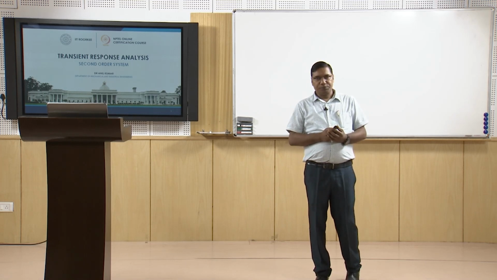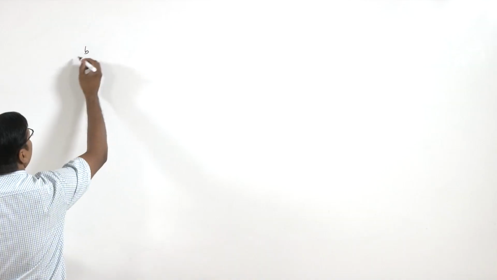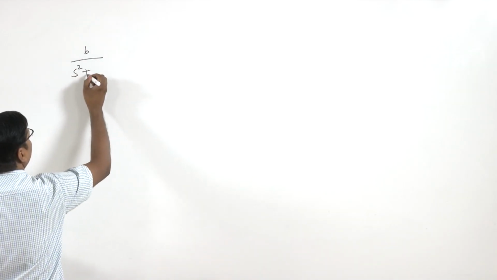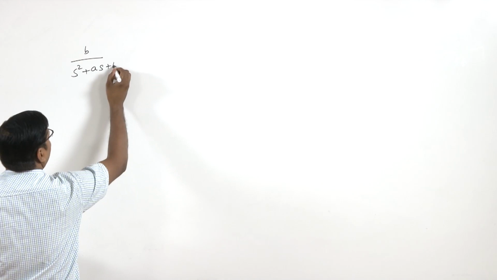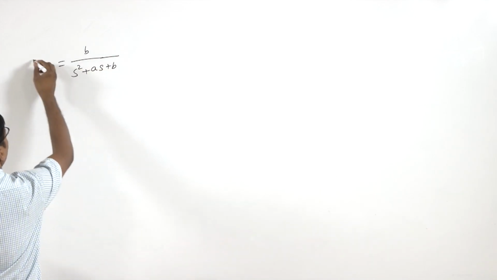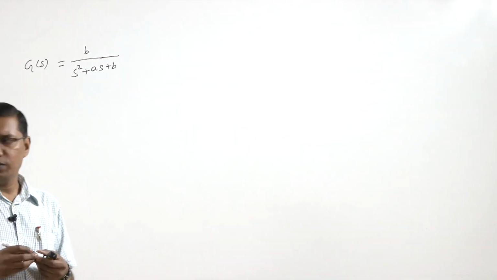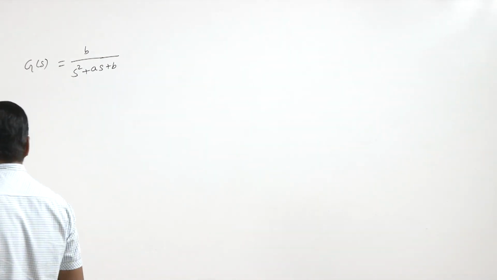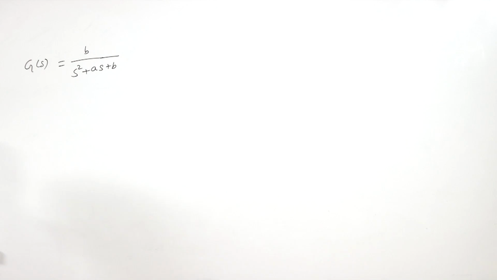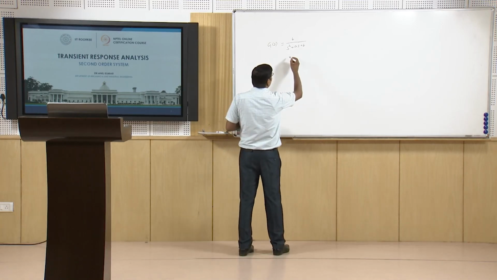So if the transfer function is like this, b upon s square plus as plus b, this type of system can be a second order system.